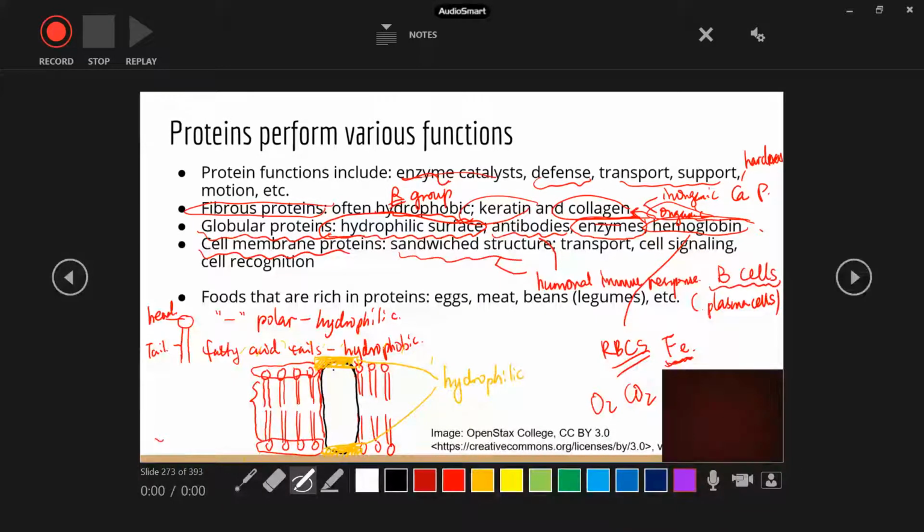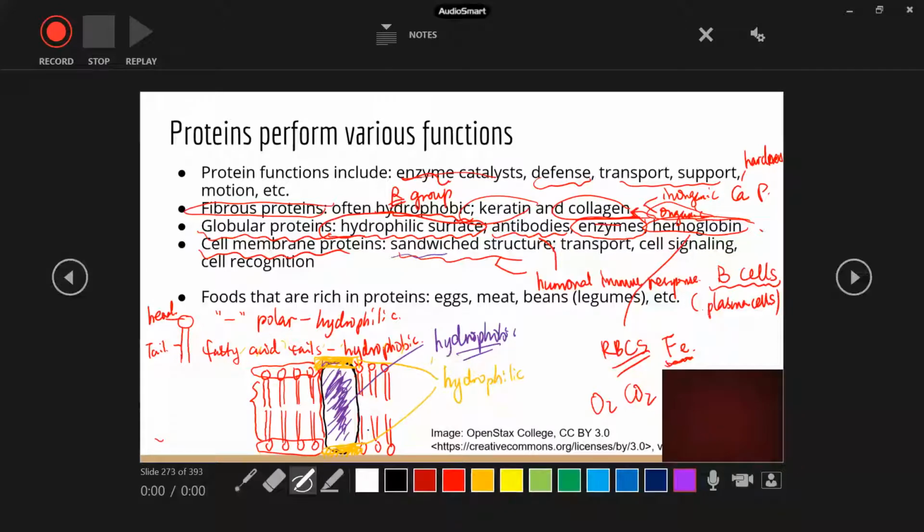I'm going to use the purple color. So this portion is going to be hydrophobic. So this portion is touching or interacting with the fatty acid tails, right? So this portion has to be hydrophobic. Otherwise, the fatty acid tails would repel this portion of the protein.